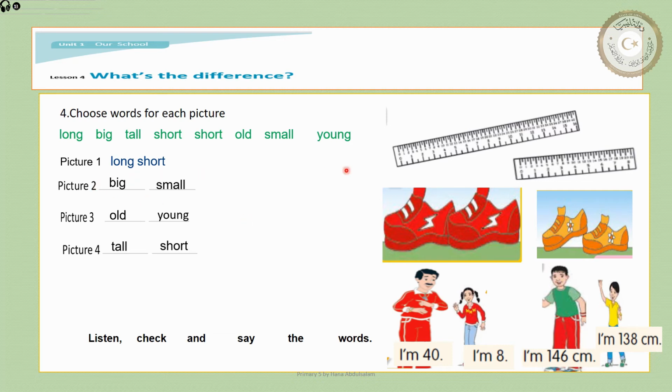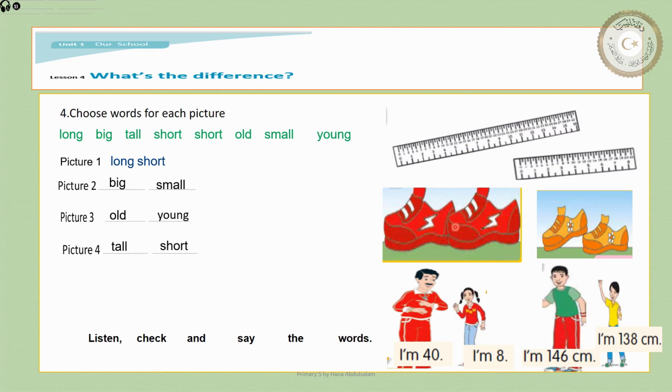Now I say a word and you say another one. Long, short. Excellent. Again, long, short, long, short. Rujain, Muhammad. So long, short, long, short.